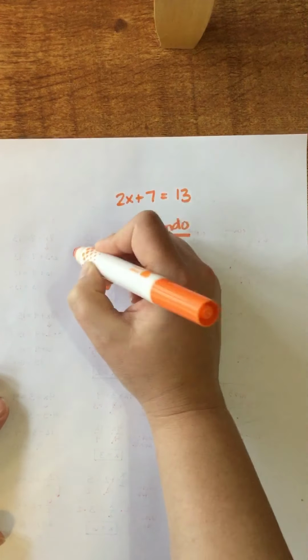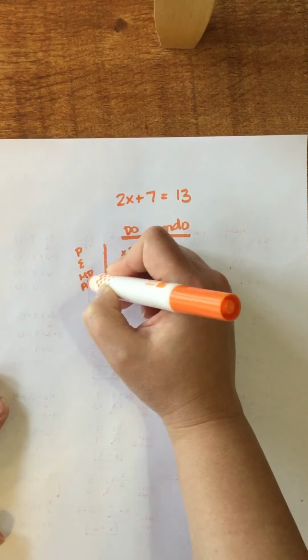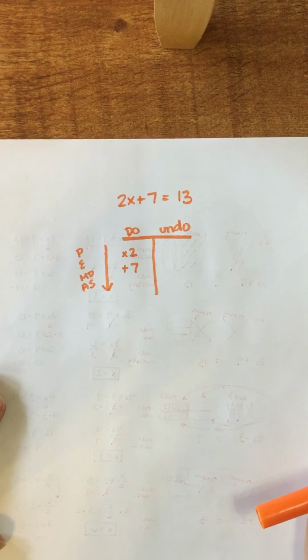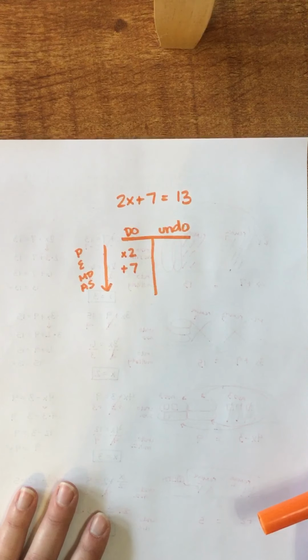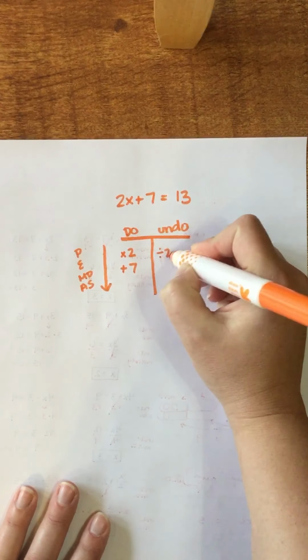So when we do problems, and when I want to identify what is being done to a variable, I'm going to list these following the order of operations, now that you're looking at multiple steps, not just one step. Then I will make my plan of how to undo these. The inverse of multiplying by 2 is dividing by 2.